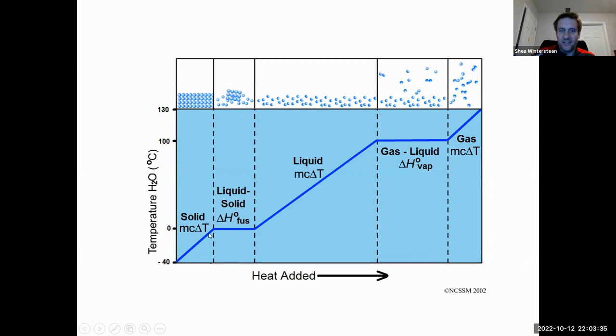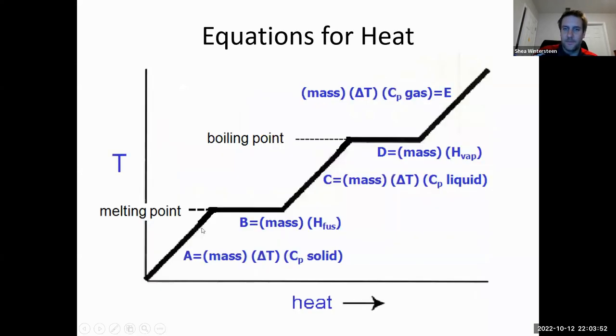Starting here at -10, to get to the end of this phase we go from -10 to 0. To set up that delta T, we do 0 minus -10, and those two negatives together make it a +10 for the delta T.